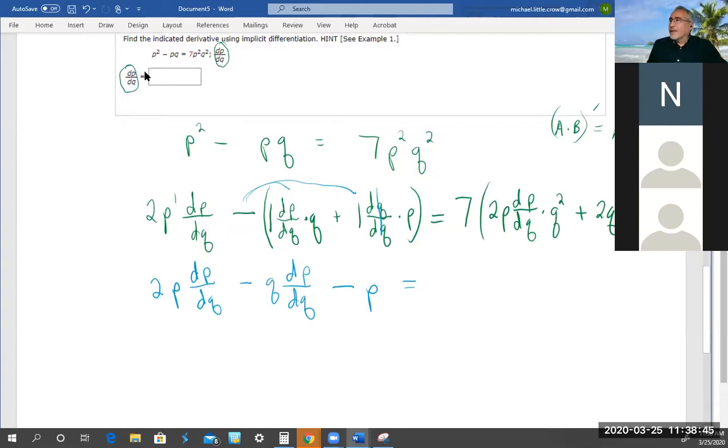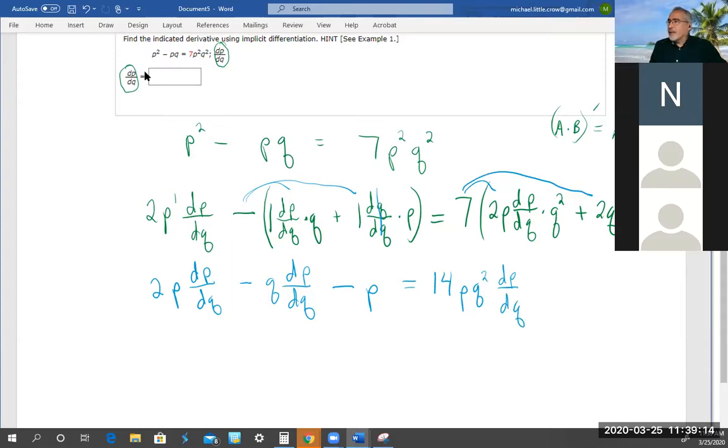Over here, I'm going to distribute the 7. Now, if you wanted to, while you were doing it, you could have maybe been writing 14s here, but we'll do that, and again, we'll clean up as we go. So we're going to get on this side 14, 7 times 2. We've got a dp/dq. We'll move all the variables to the front. So p q squared dp/dq.